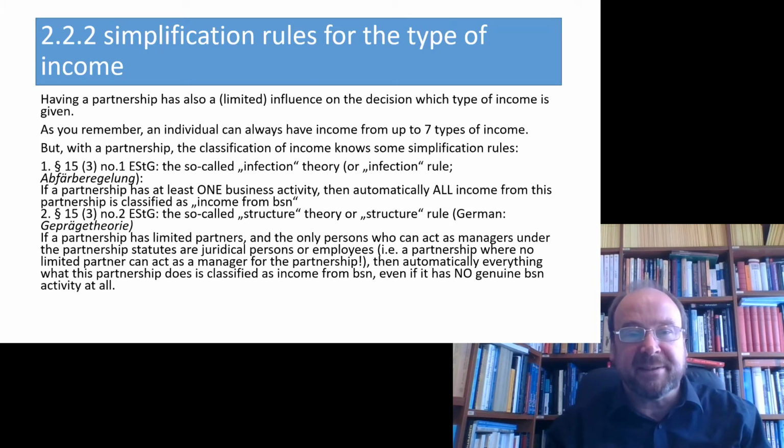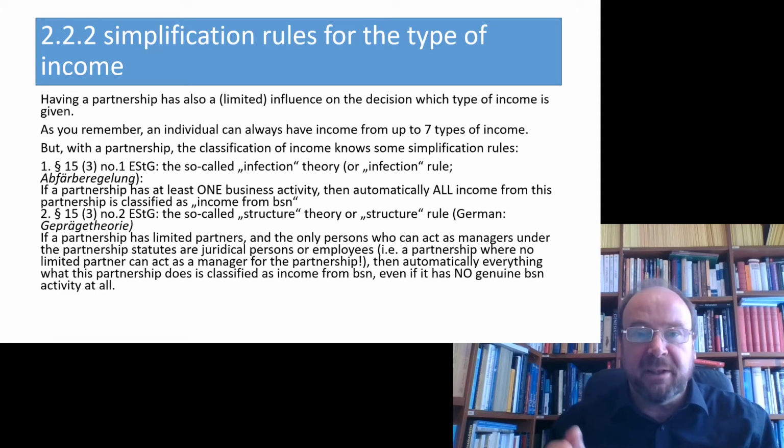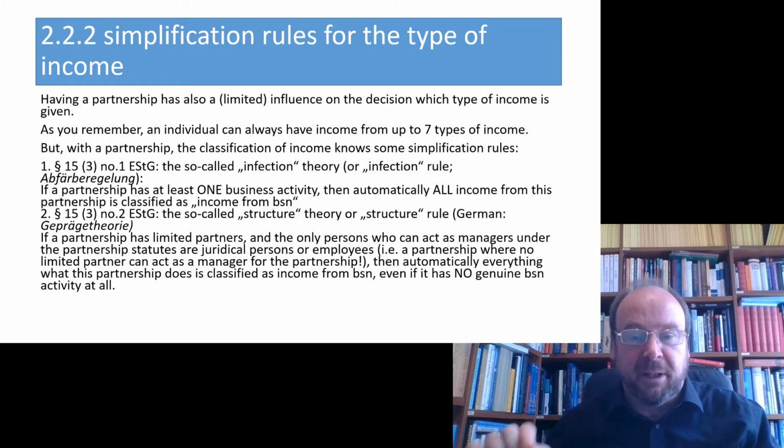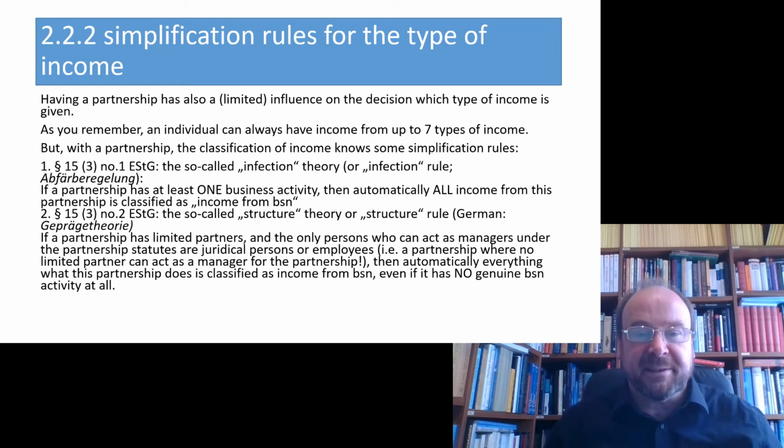To put it plain and simply, what does it mean if you have a KG where the limited partners have no influence on the management? Well, then this rule applies, and then everything is reclassified into income from business. The reasons for that come later.